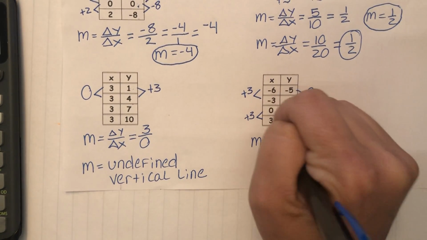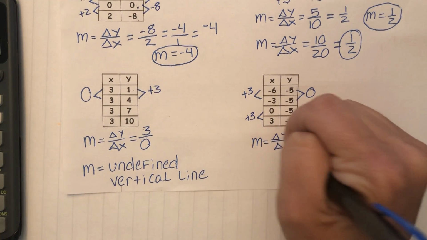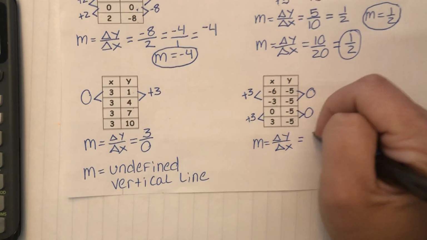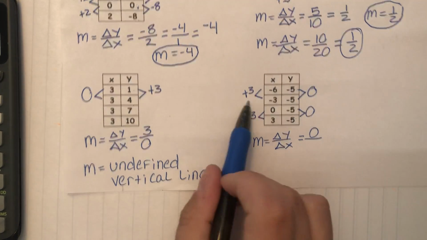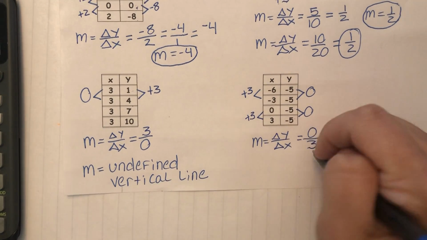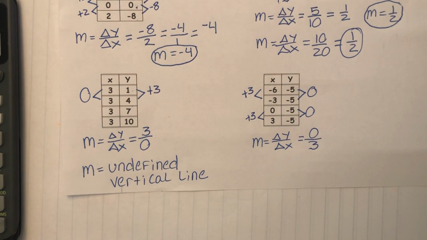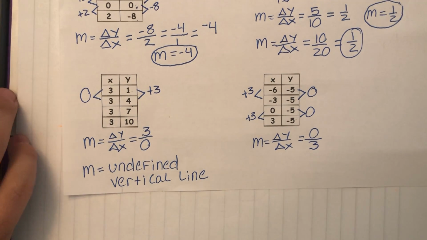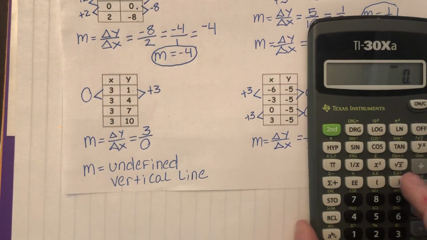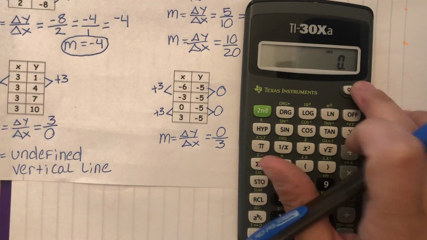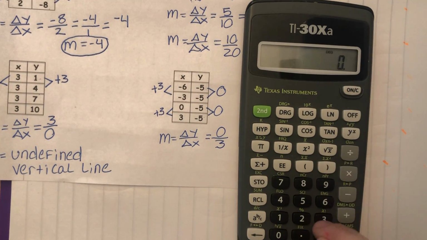Change in y over the change in x. Change in y is 0. Change in my x values, we're adding 3. It's a positive 3. And this time we have a 0 in our numerator. And when you have a 0 in your numerator, and we try to simplify this, 0 divided by 3, we get 0.